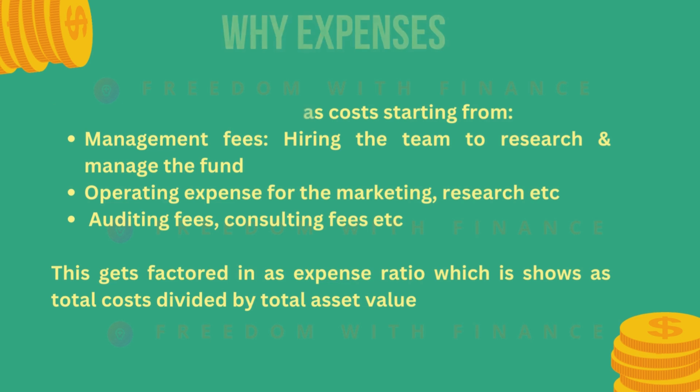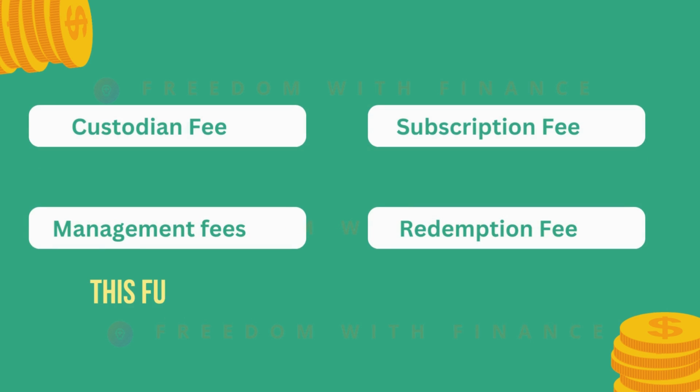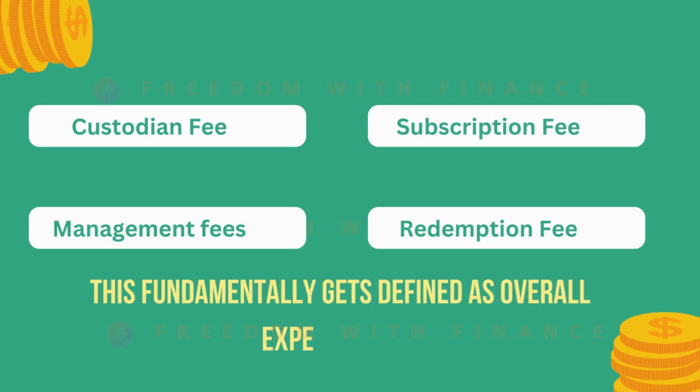Apart from these, there are also fees, including the subscription fee or the redemption fee. So when you are exiting a mutual fund very soon, even before the minimum period, or you want to redeem some amount, they also charge you. Some funds charge you, some funds do not. So all these get calculated and come under the expense ratio, which is something that you might have heard before, right? So expense ratio is basically the fees that you're paying for every money that you're investing.